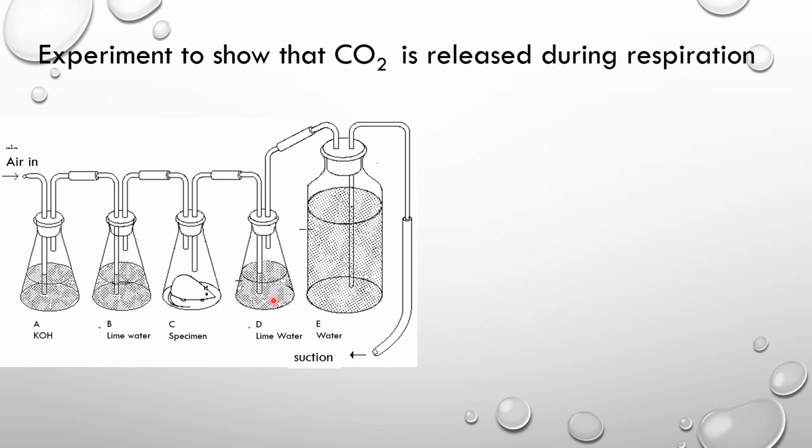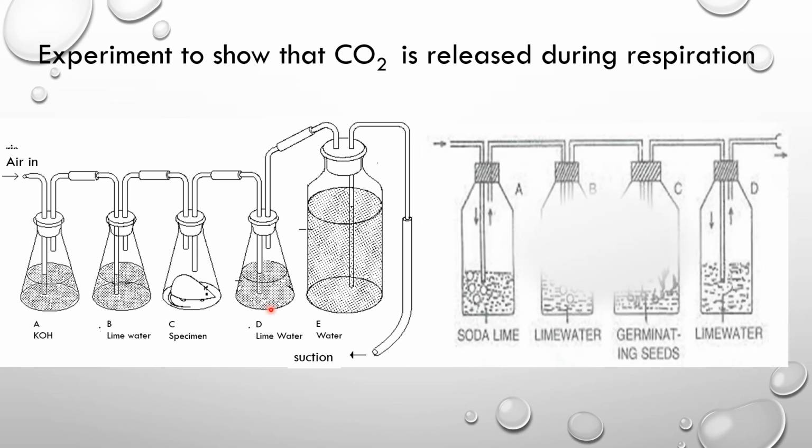In performing this experiment we have used a rat, and instead you can use some other animal like a frog, or you can use germinating seeds, such as germinating gram or green grams, paddy seeds or germinating bean seeds instead of using an animal.